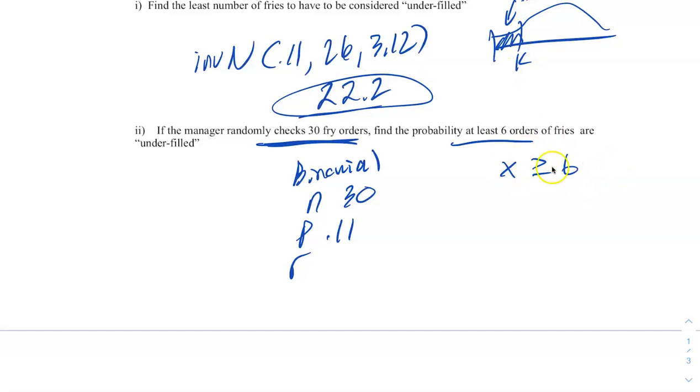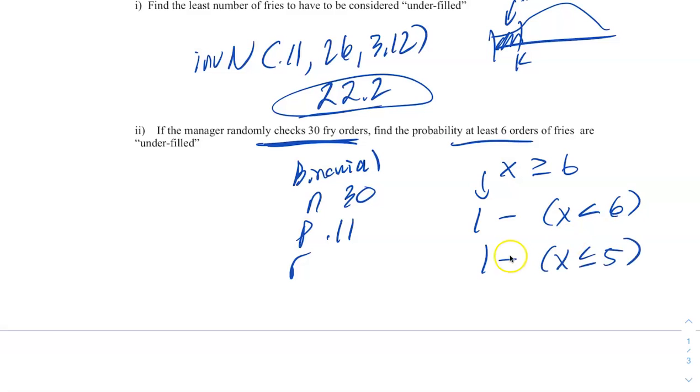Now we got to work with this. Now remember, binomial does not do greater than. It only does less than or equal to. So it's pointing the wrong direction. The way you fix that is do 1 minus the complement. This had the equal to sign, so I got to take it away. And I can't have just that, so I got to go 1 lower. So that's what I'm putting in my calculator. 1 minus binomial of that.